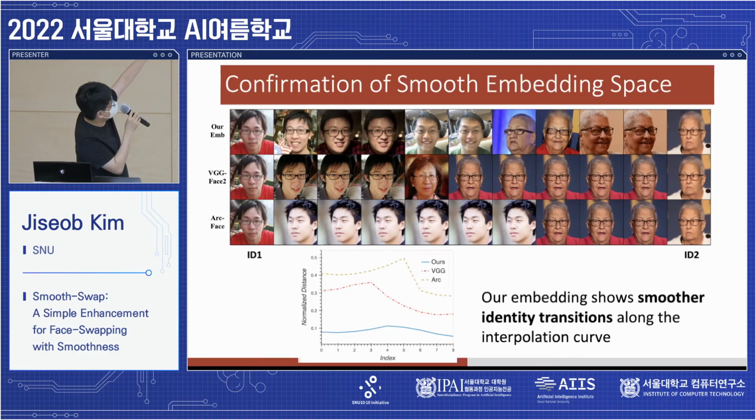The first row is our embedding model, and the second and the third are the embedding spaces of other face models. If we interpolate these ID1 and ID2 identities in our embedding space, the identity moves much more smoothly. And so this confirms our hypothesis.